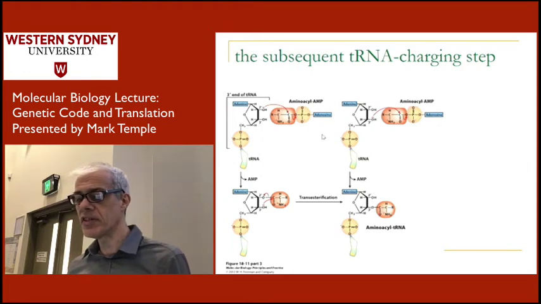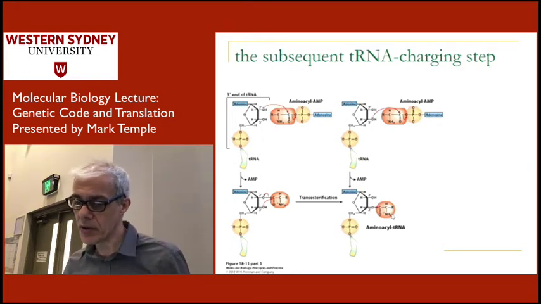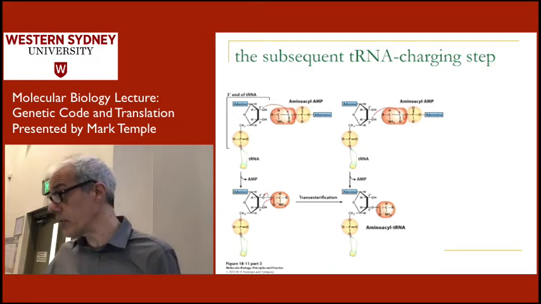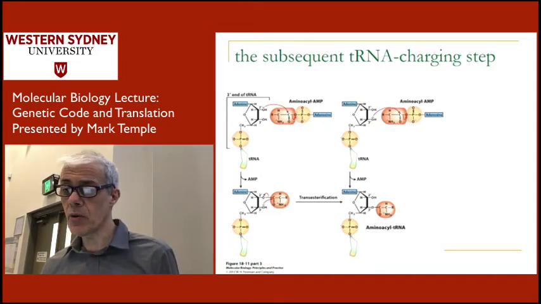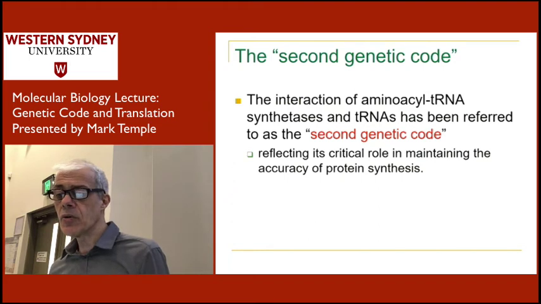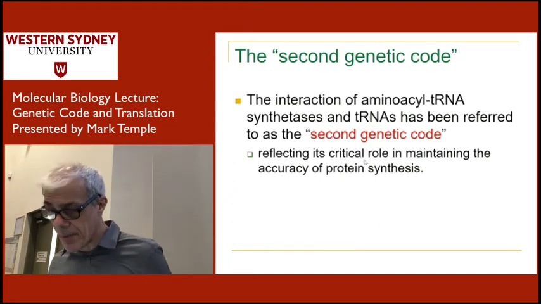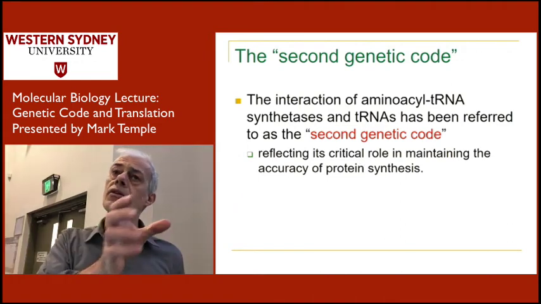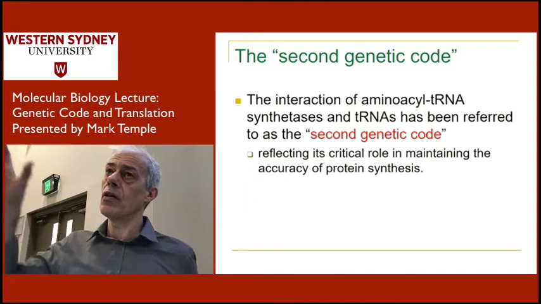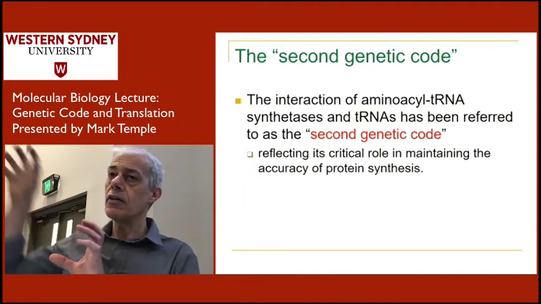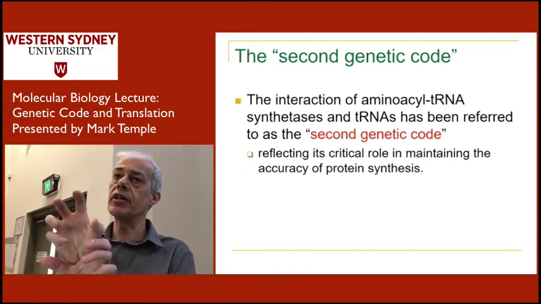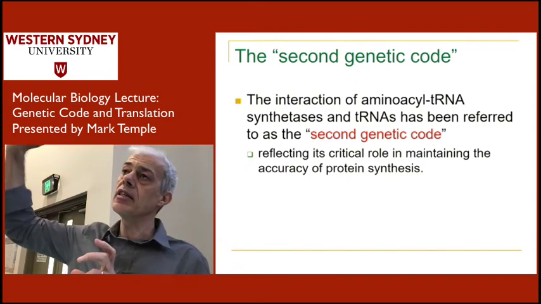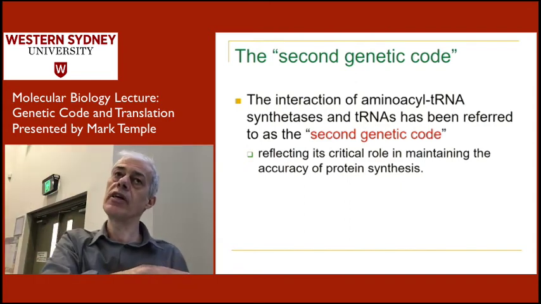But there's a bit of subtlety in the attachment of this amino acid, depending on which aminoacyl-tRNA synthetase is doing the job. If you think about what's happening, you've got a transfer RNA with its anticodon going to bind to the codon. So regardless of what amino acid is attached, that anticodon recognition is going to occur, because it's in a different part of the transfer RNA to where the amino acid is. So if the wrong amino acid is attached, then the wrong amino acid will be put into the protein.